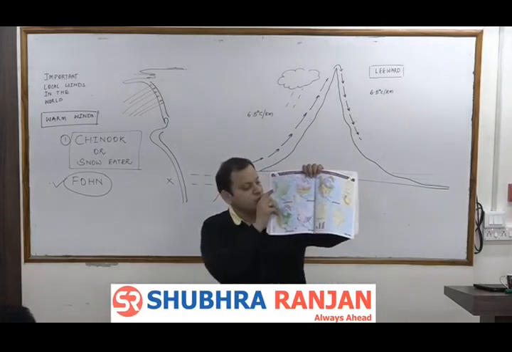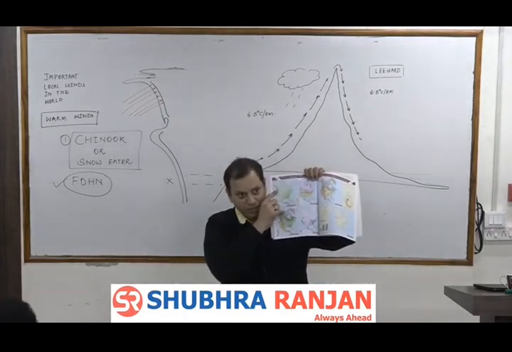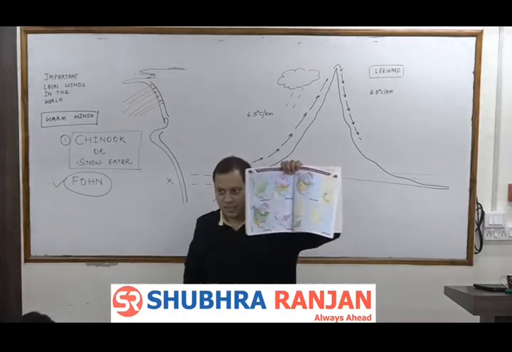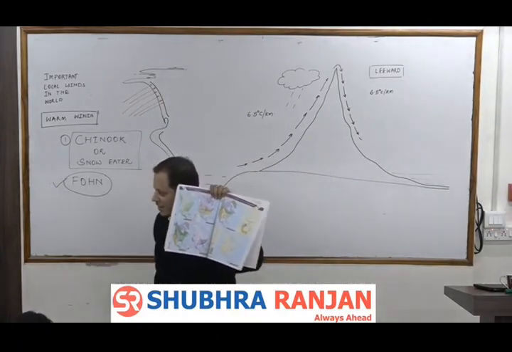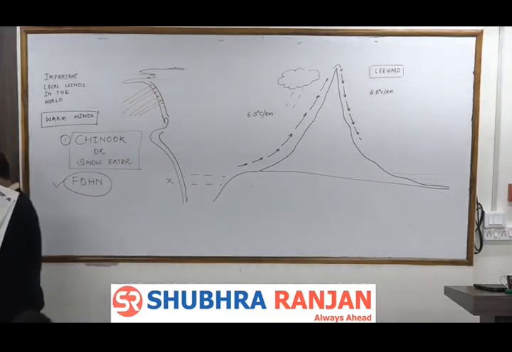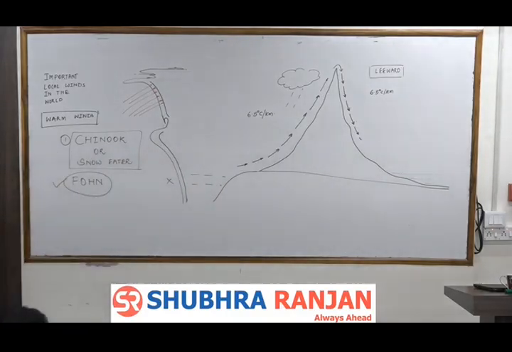and you will find these two winds, Chinook, and Chinook का ही दूसरा नाम in the southern states of USA is Santa Ana. एक पेज पीछे आओ, पेज नंबर 80 और 84.